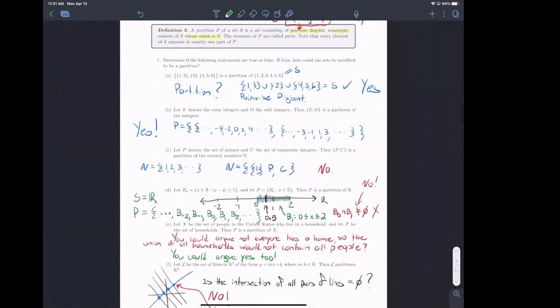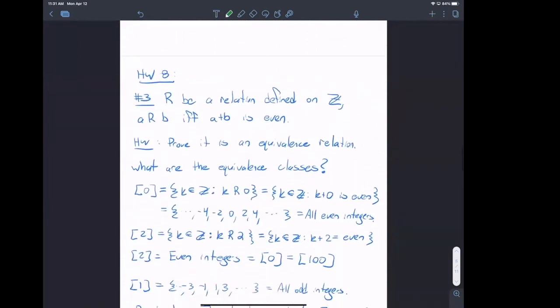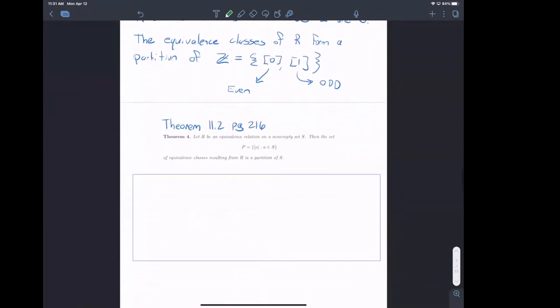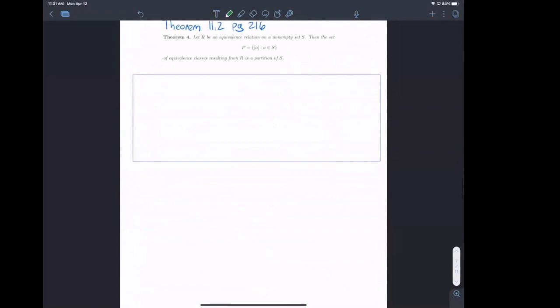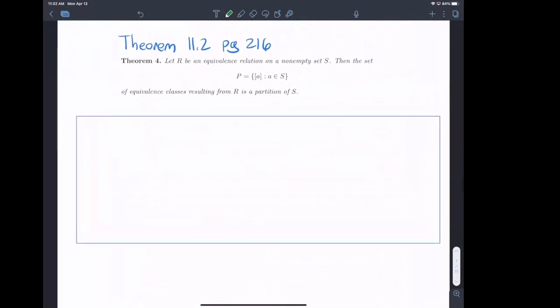Okay, then we did talk about partitions last time. So this is notes from last time. Now I just want to quickly go through the outline of the proof here. This is in the textbook. This is Theorem 11.2 in case you're curious about it.